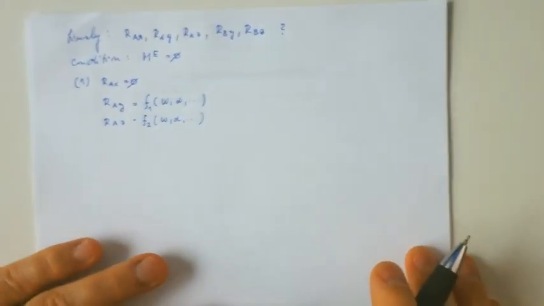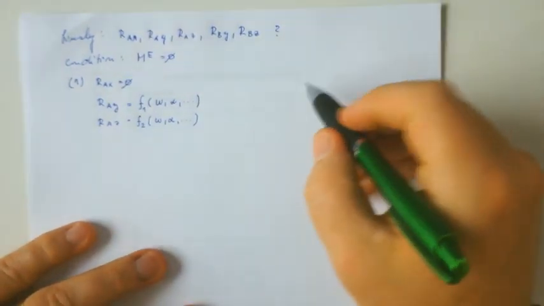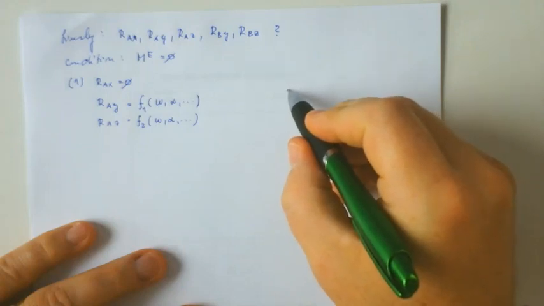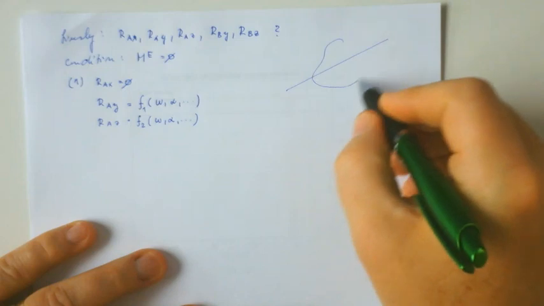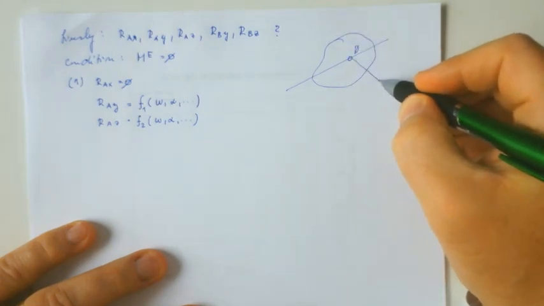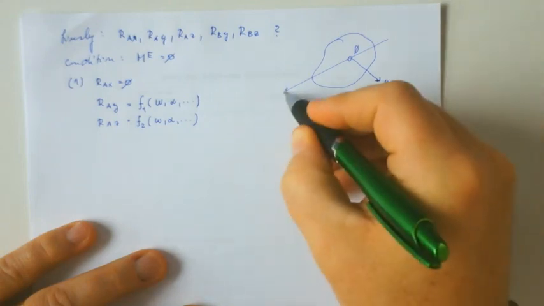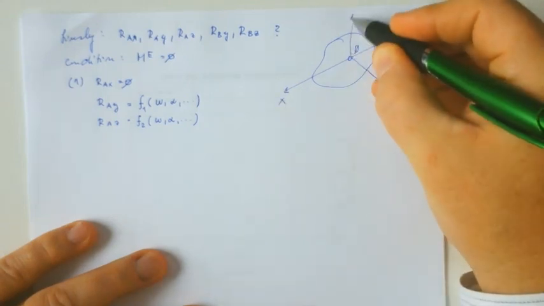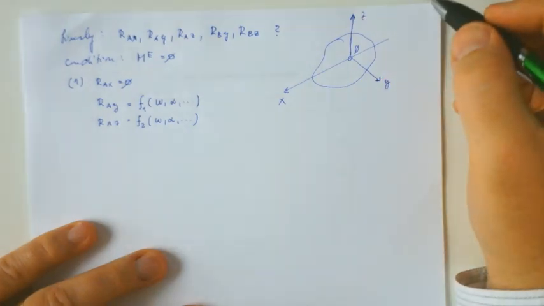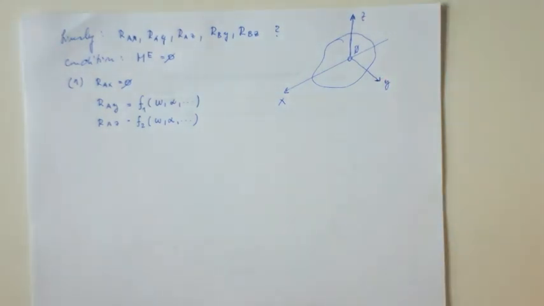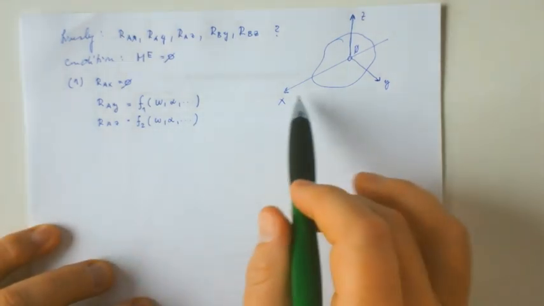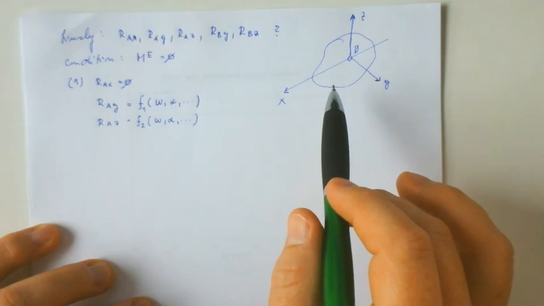So if I have this axis, this origin of coordinates, this is y, this is x, and this is z. I get components regarding this coordinate system.